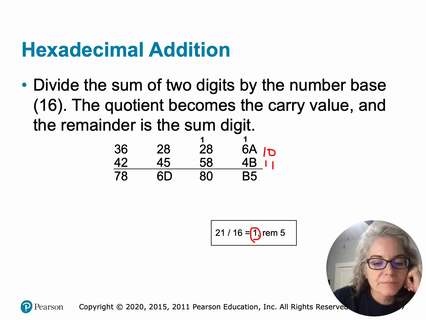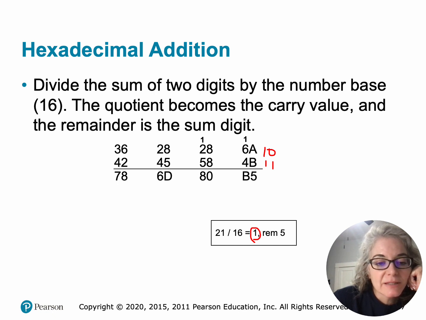So now we're going to add 6 plus 4, which is 10, plus 1 is 11. 11 is B. We don't have to do anything special. If your answer when you add these is 0 through F, through 15, you don't have to do this. This is only if it's greater than 15. So 8 plus 8 is 16.